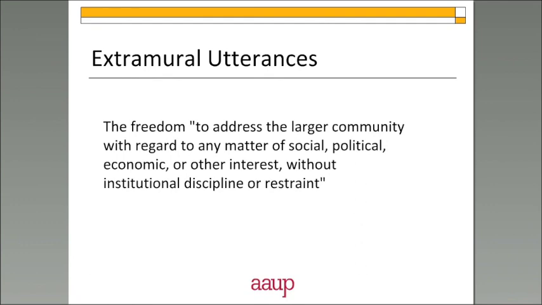And again, under principles of academic due process, it should be reviewed by a faculty body that should have the primary responsibility for making the determination whether or not a specific extramural utterance does question the fitness of a faculty member.